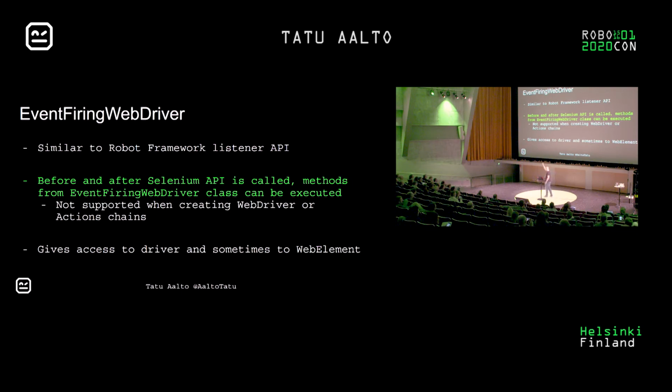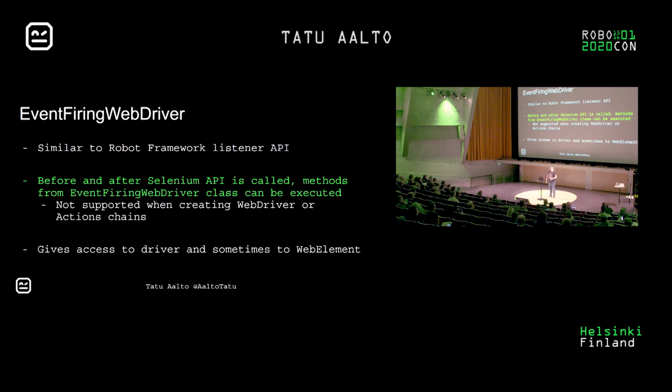Who has heard of the Robot Framework Listener API? Good. It's almost the same thing, except for the Selenium API. Like in the Robot Framework Listener API, Selenium event firing WebDriver will call a method out of your class before and after the Selenium API gets called.